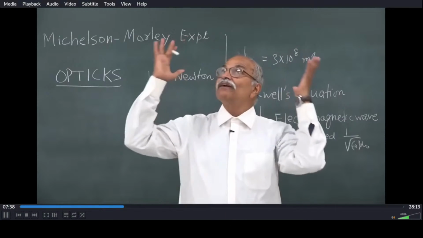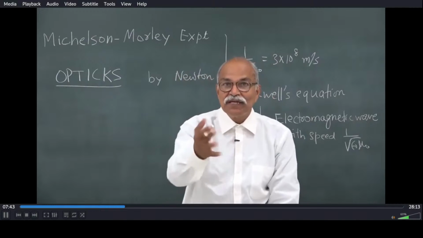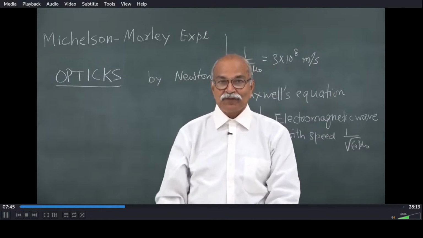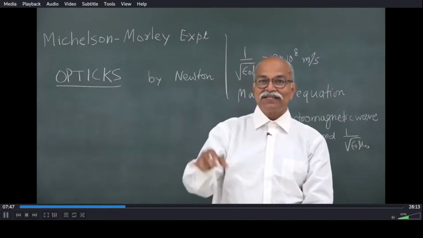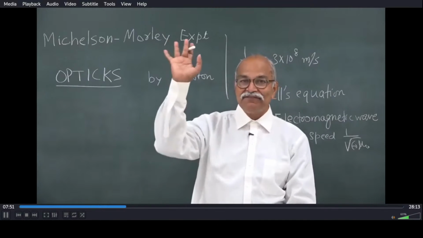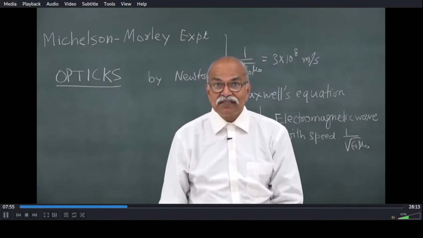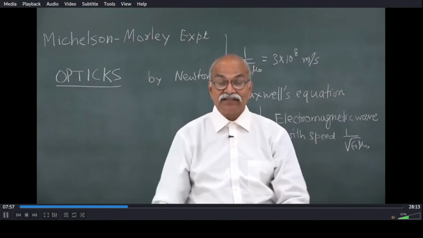In this room, if air is stationary and I am speaking, yes, the sound is going at that particular speed. Of course, here temperature is not 0 degree Celsius, so it will not be 332, it could be 345 meter per second or so. But with respect to what? With respect to this stationary air.